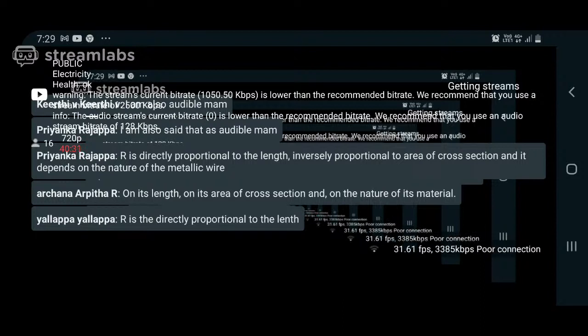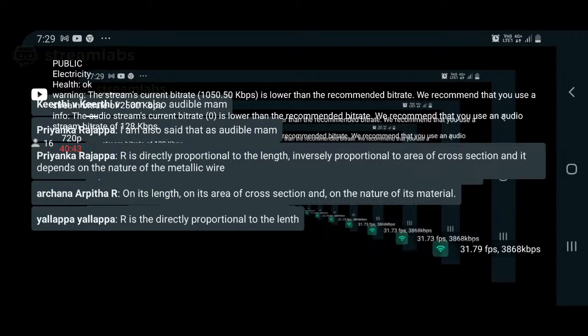Yeah, Arpita, correct? Tungsten is used in making the filaments of electric bulbs because tungsten shows high resistivity and high melting point.